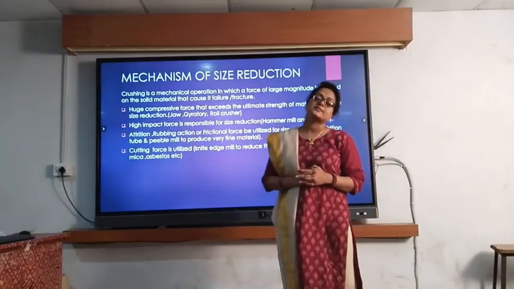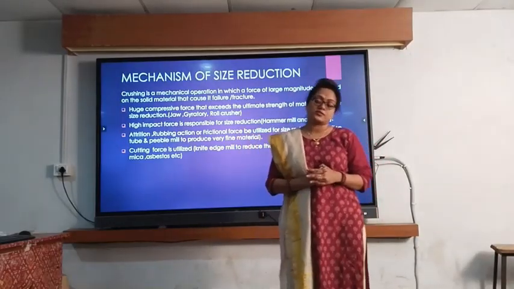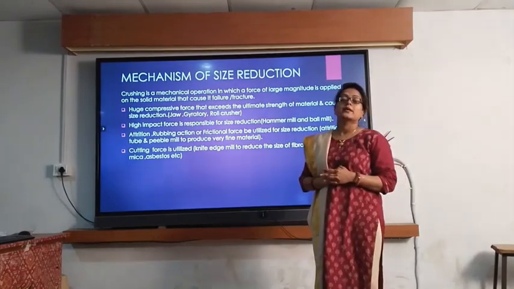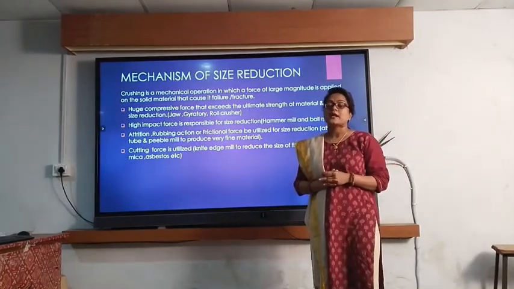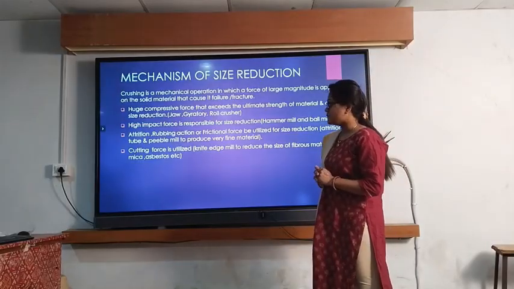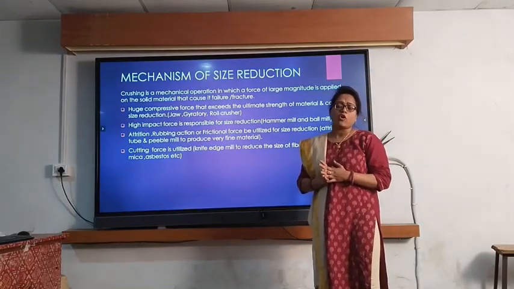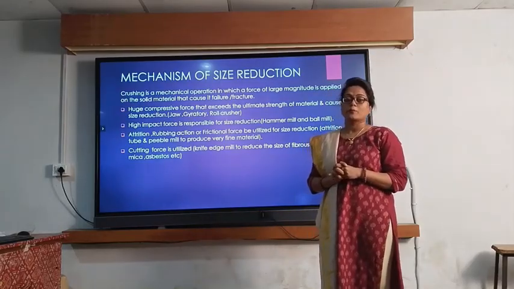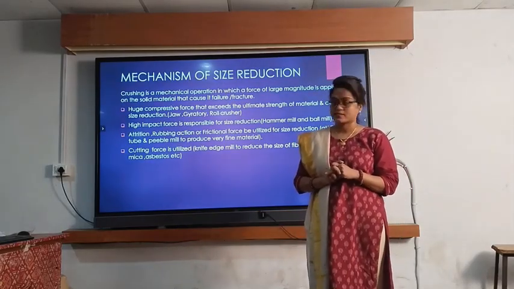There are some mechanisms behind the size reduction process: huge compressive force, impact force, cutting force, attrition force, rubbing action, and high impact force. These are all the mechanisms that are responsible for breaking the ore particles or the mineral particles.